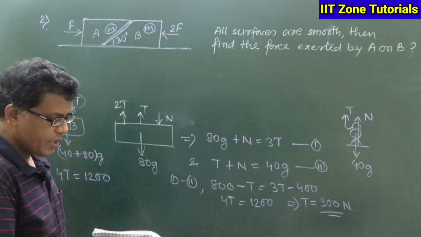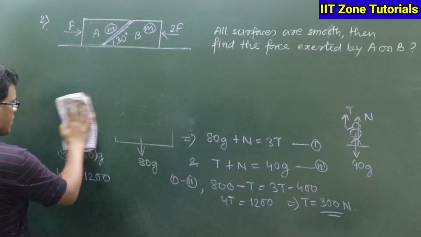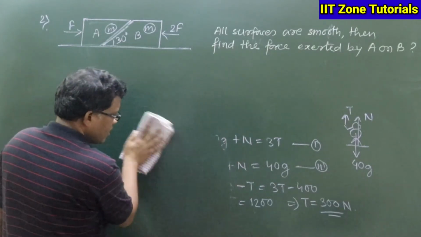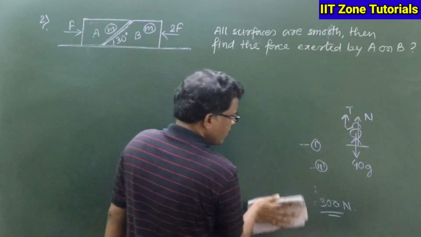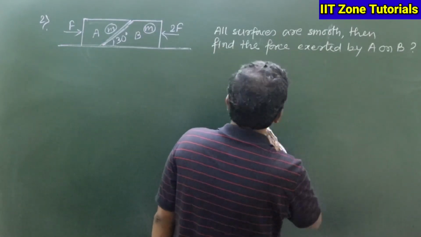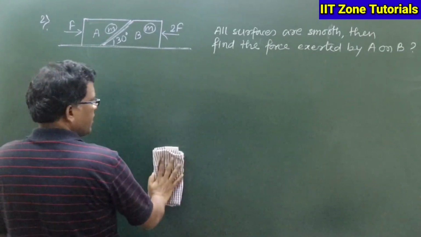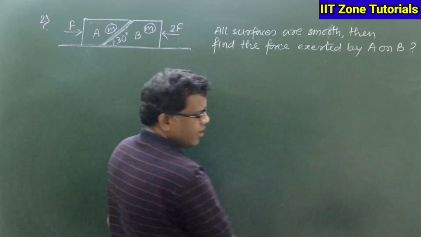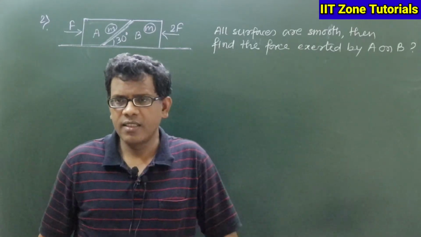We did a similar kind of question in our previous class, but that time the surface of contact was vertical. Here the surface of contact is not vertical, rather a slant surface.